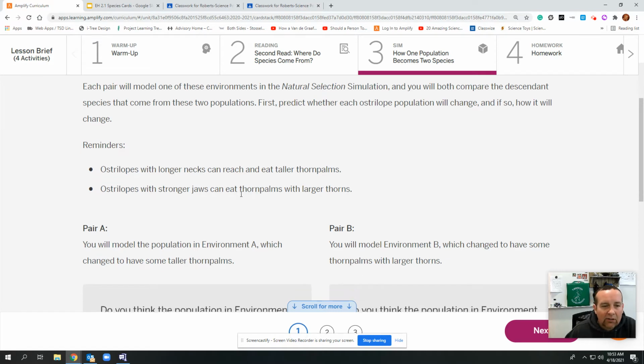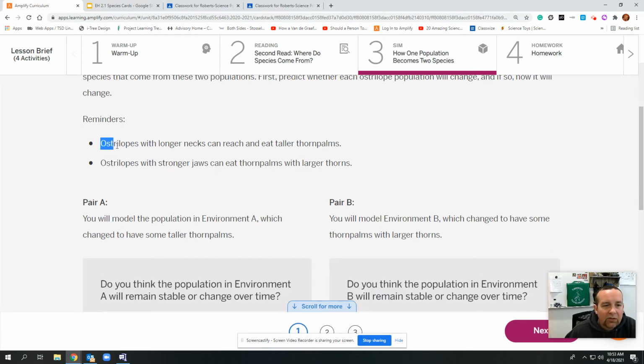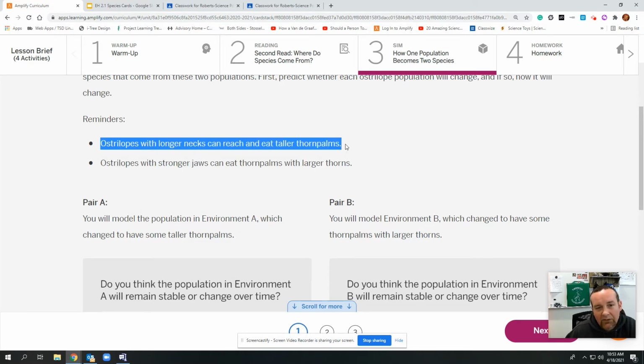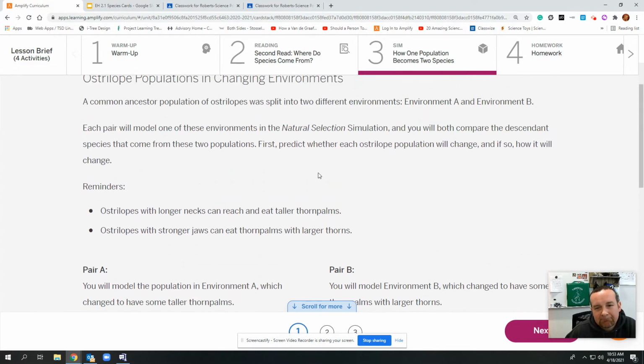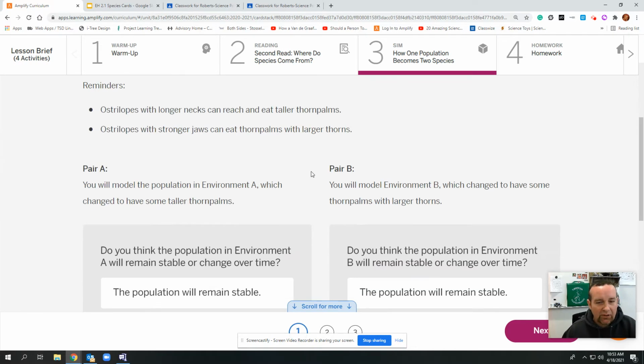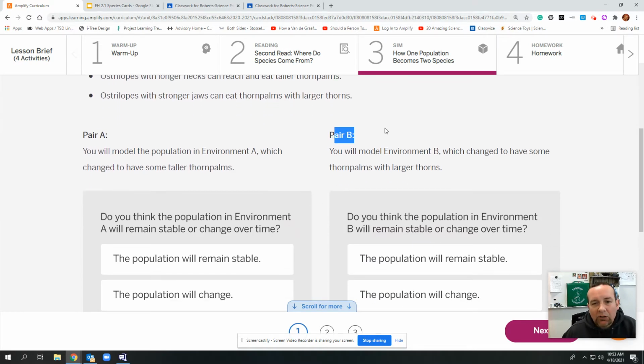The bottom line is we're going to see if we can see some changes over time with australopes having longer necks. We're going to do that by manipulating the length of the thorn palms that they eat, and by manipulating the frequency in which they occur. So don't worry about pair B. We're going to focus on the A side today.